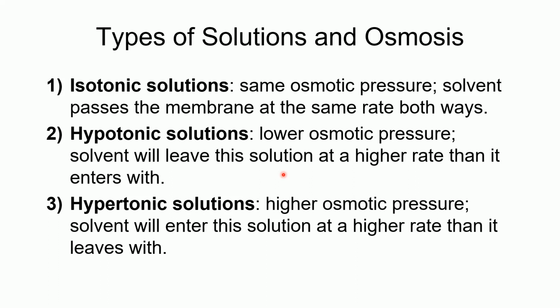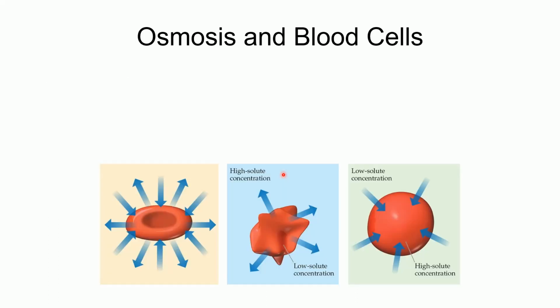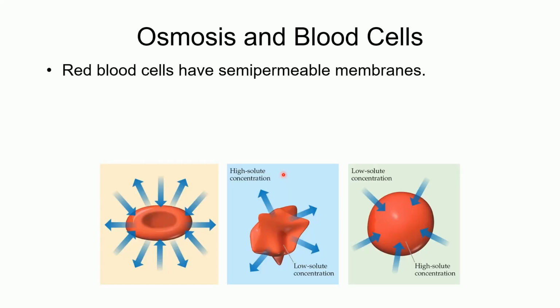All right, so here's how I want to explain these. We're going to look at this in terms of what a red blood cell would look like. We have red blood cells in our body, and inside of those cells there are solutes, but there's also water.